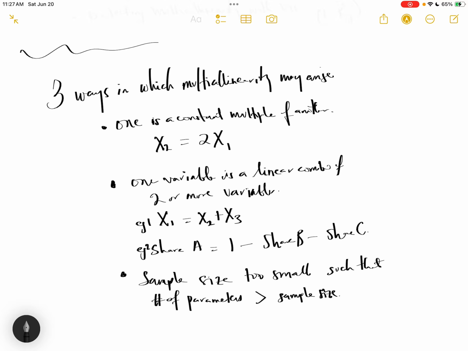When you have this, it will be very difficult to have degrees of freedom remaining to do other calculations. So the ideal is to have your sample size larger than the number of parameters. These are the three ways in which multicollinearity may arise, and if you are reading Wooldridge's textbook, you will see them.